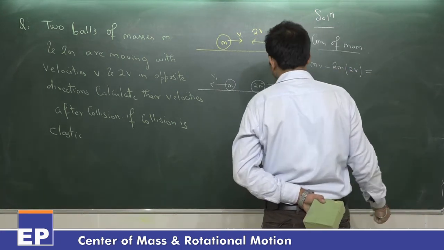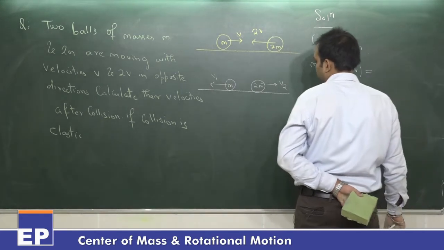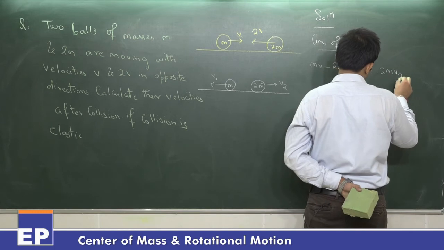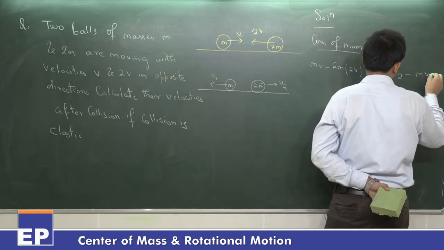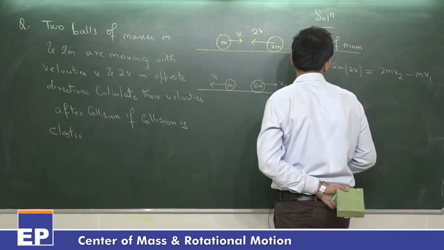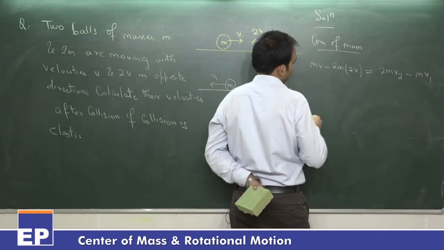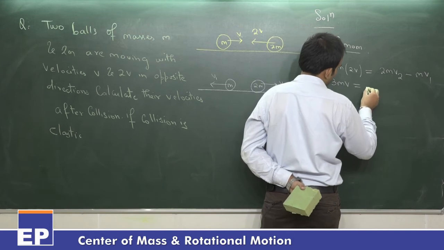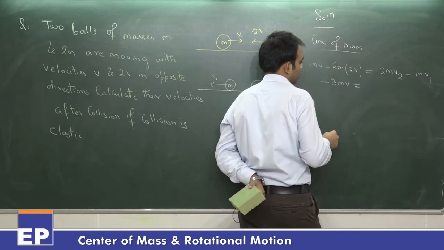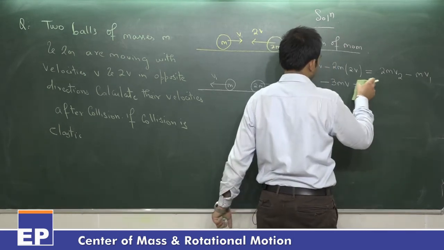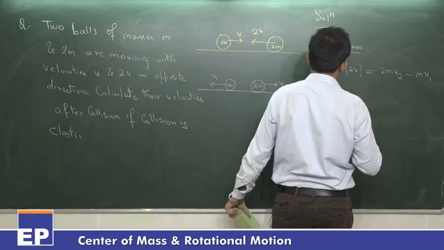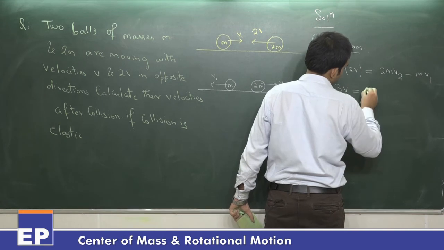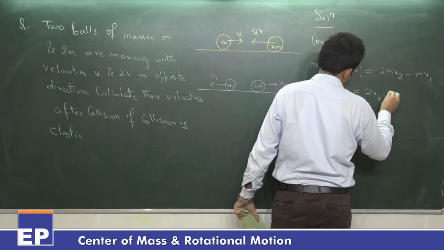And then it is moving in this direction, so we can say 2M into V2 minus M into V1. Here we will get minus 3mv, which is equal to, M will cancel out, 2V2 minus V1.